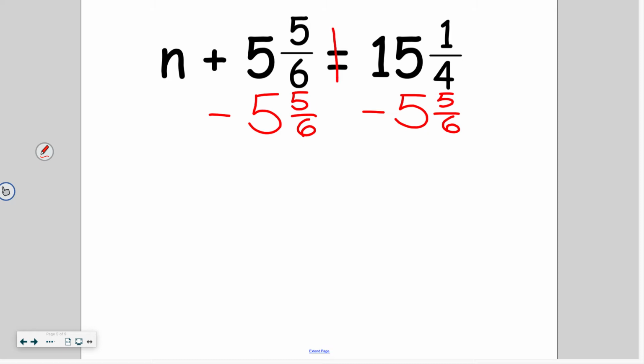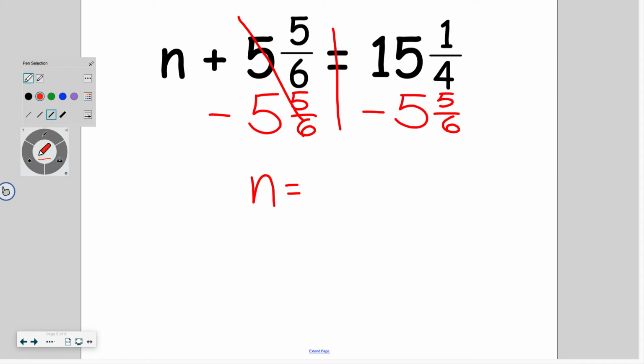So again, it happened on the left side, so it had to happen on the right side. Positive and negative cancel out, and that gives me just my n. Now, over here, we have two mixed numbers that do not have a common denominator. So we're going to need to get a common denominator. For 4 and 6, the common denominator is 12.